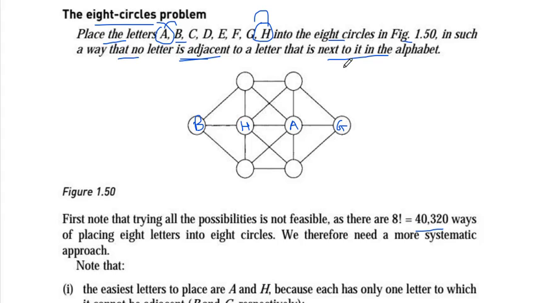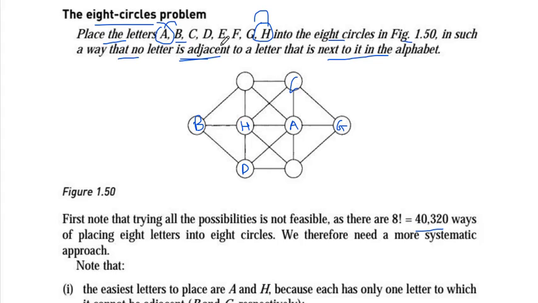What letters are remaining? C, D, E, F. C is nearer with B and D. Here B is nearer with C, so we can put C here or here, anywhere. Then D. D is nearer with C and E, so we cannot put D here. We can put D here.